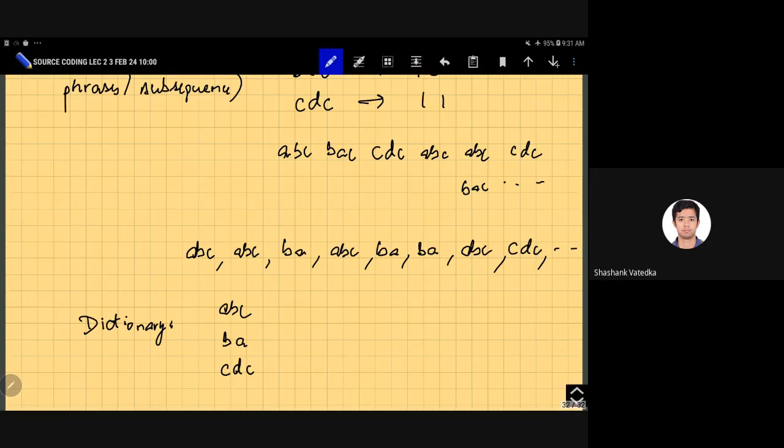So I could assign, say, 1, 01, and 00 as code words corresponding to the phrases ABC, BA, and CDC. Right now I'm just giving you some intuition. I haven't really given you a particular algorithm yet.